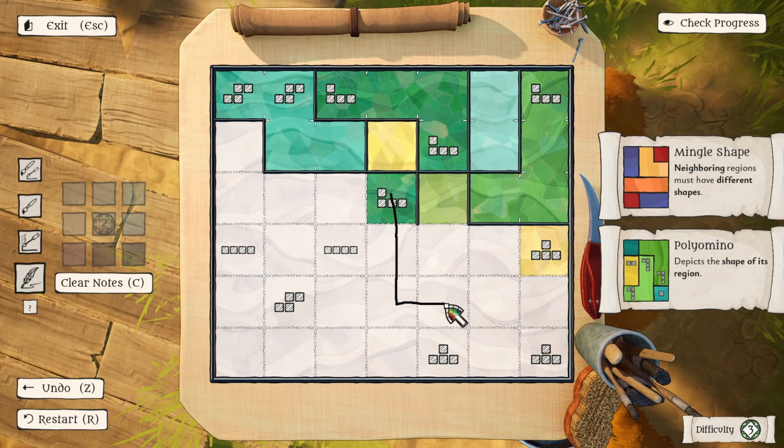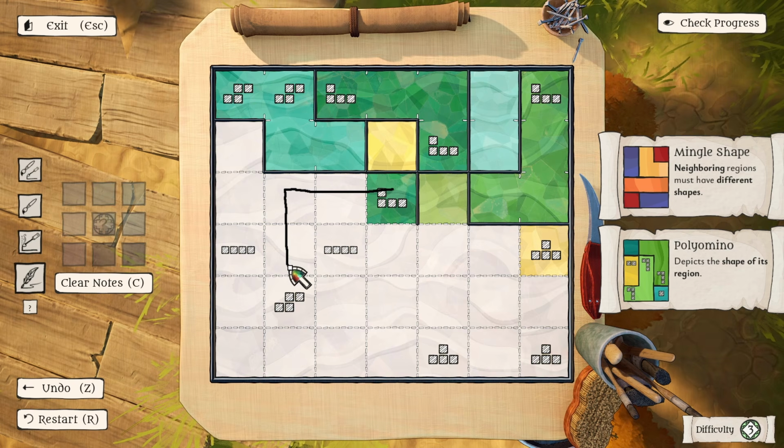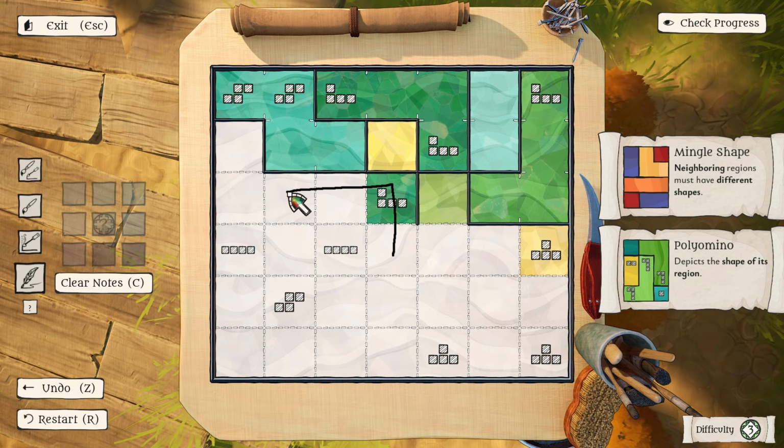So this can't do that. It could do that, but it can't do that. And it can't do that.